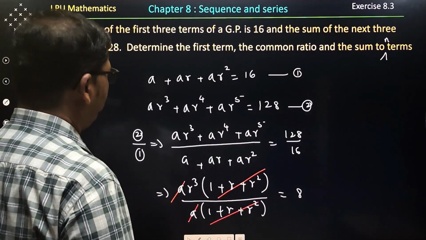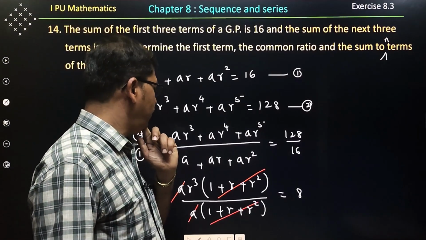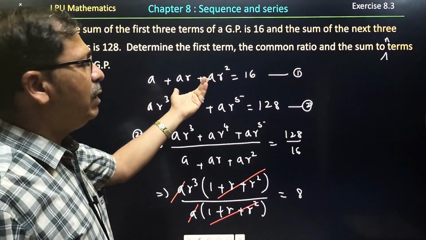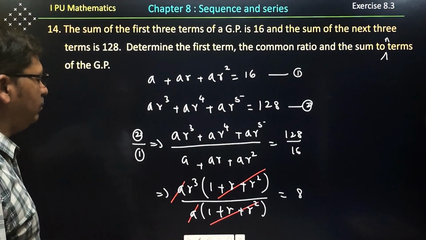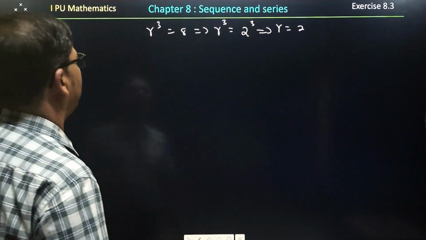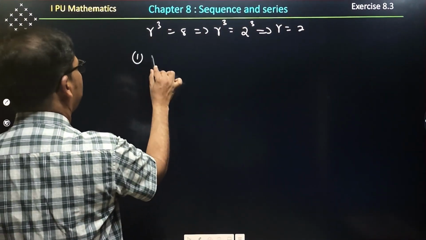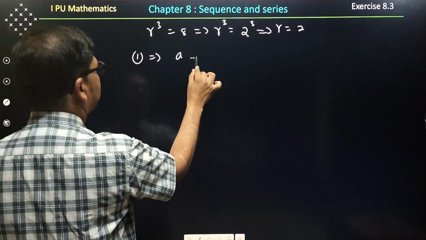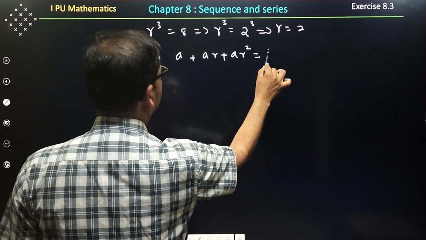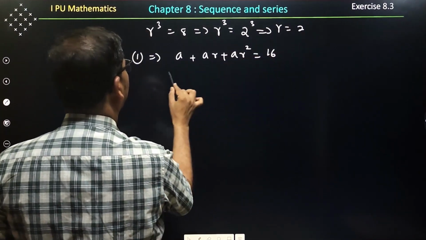So, where will you get the first term now? Substitute the R value in equation number 1 and you will get A. From the first equation, A plus AR square is equal to 16. Take the value R as 2 here.